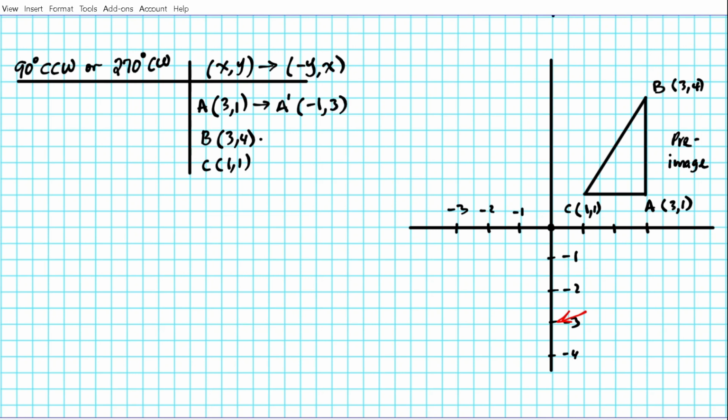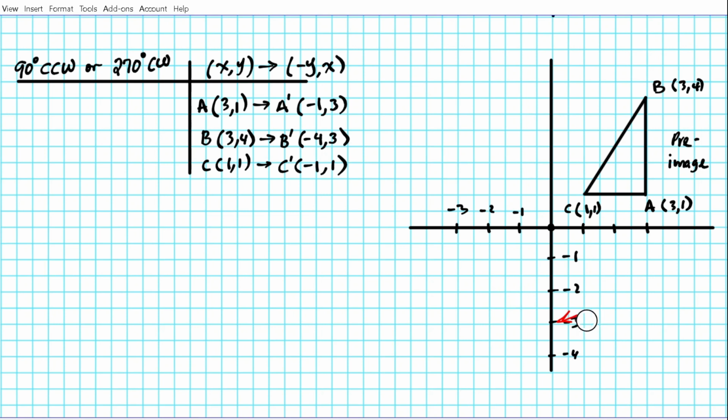So what we're doing here is we are switching the coordinates and making the x negative. That's the rule for 90 degree counterclockwise or 270 degree clockwise rotation. All right, C prime, switch them around, make the y negative. Okay, so that's what you have right there, 90 degrees counterclockwise rotation.